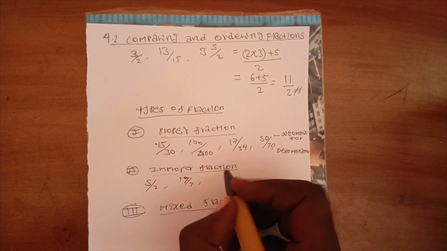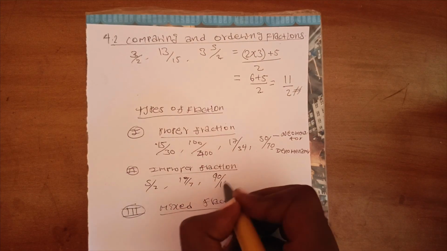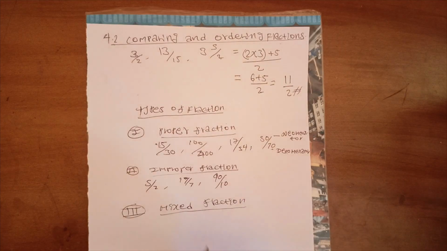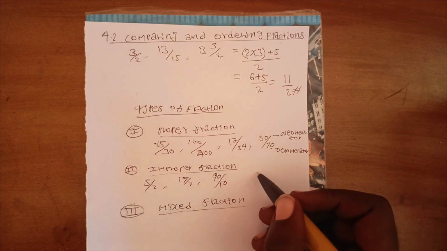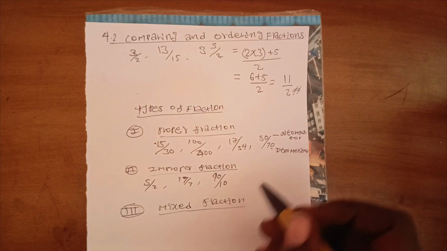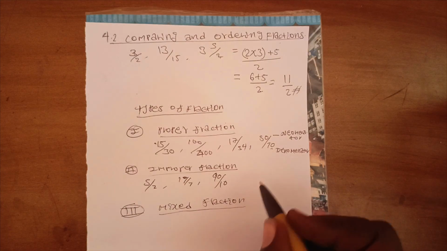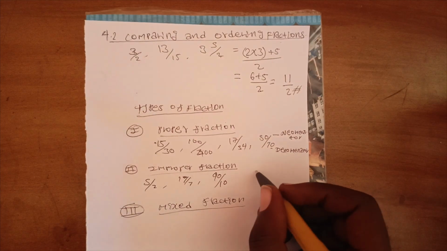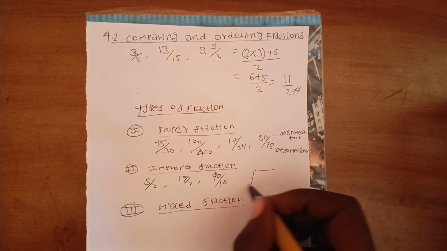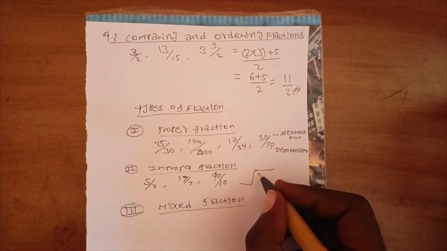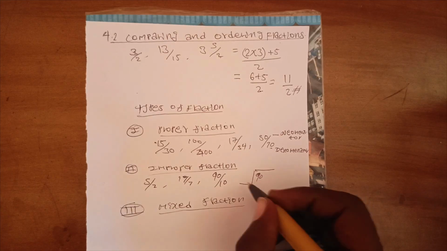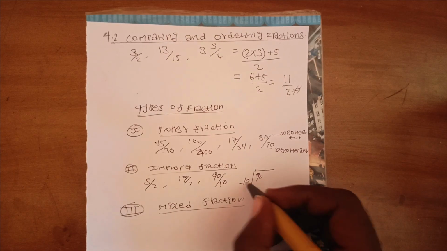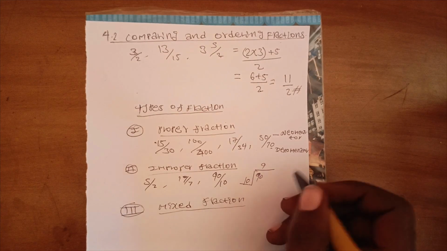17/7, 90/10. This is an improper fraction because they can be divided. For example, when we use the division method or long division method, like this, here 90, here 10, 90 divided by 10 is 9.